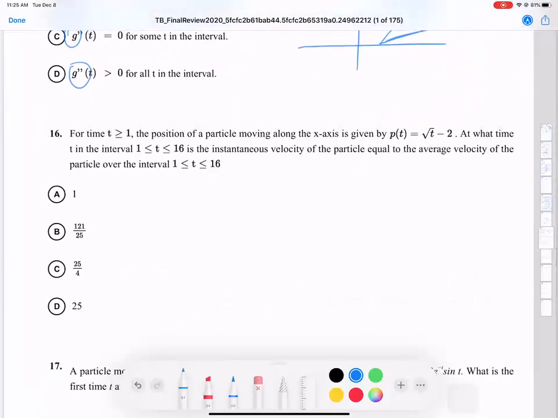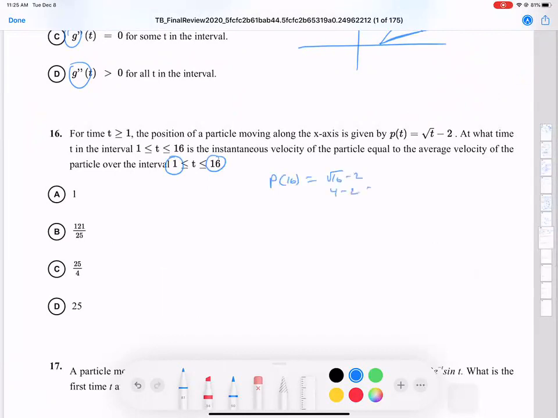For t greater than 1, the position of the particle is moving along this axis. At what time t is the instantaneous velocity of the particle equal to the average velocity? Okay, so this was our mean value theorem, that we expect that an average value should exist someplace along the graph. So let's go ahead and figure out what that is. P of 16 is equal to the square root of 16 minus 2.